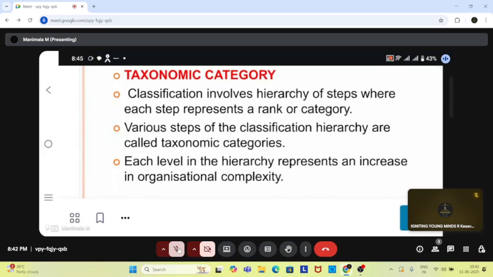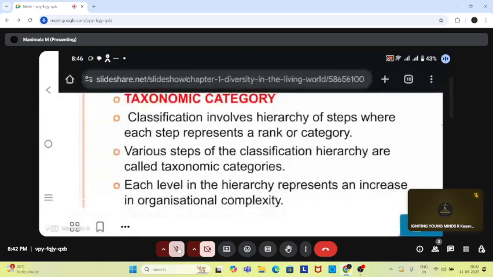This word taxonomy was used by Carolus Linnaeus, so he is called the father of taxonomy. And the next thing is systematic. He published one book, what is the book name? Systema Naturae.